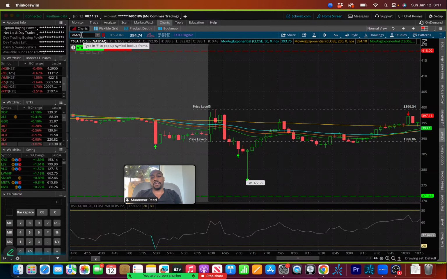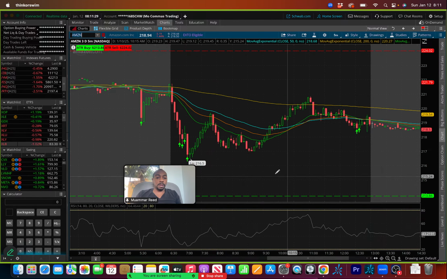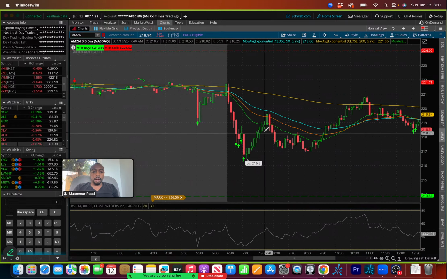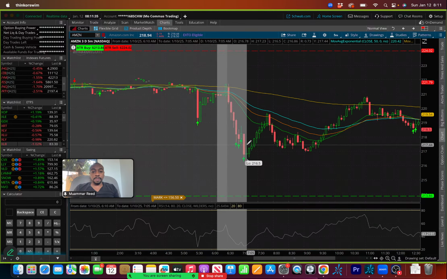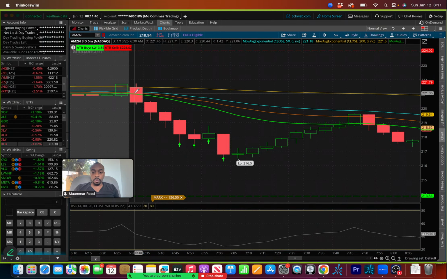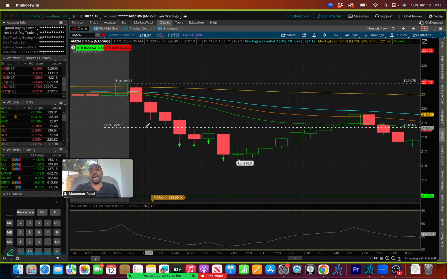Let's go look at Amazon as another example. If you look at the first three candles of Amazon, let me zoom in just a little bit: 1, 2, 3, 5 minutes, so that's 15 minutes. If we create a range, and depending on what was happening in the market, for me, same thing, I would have taken this break right here.